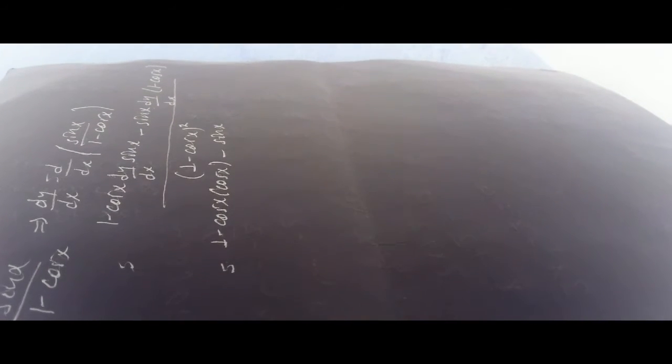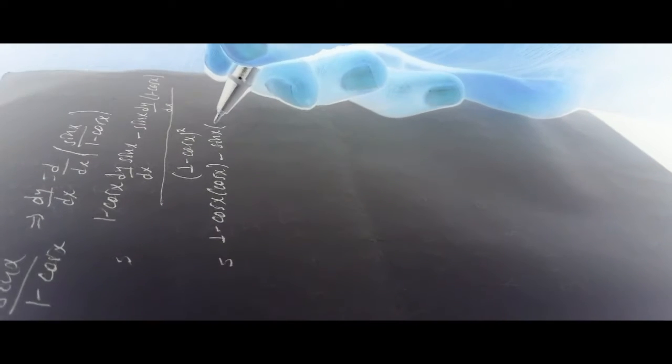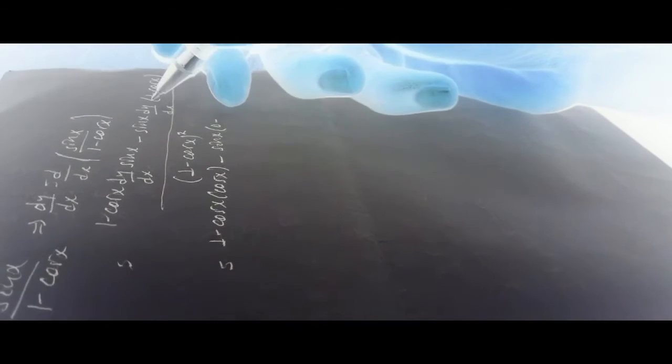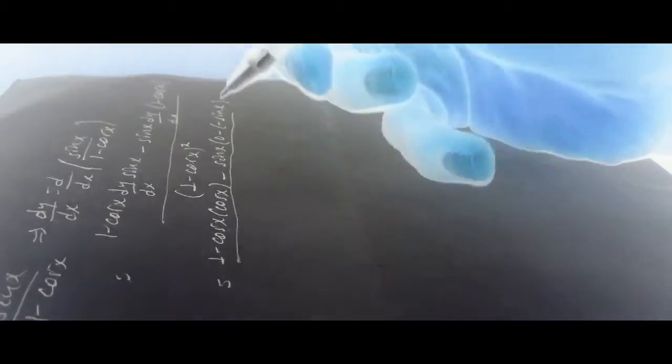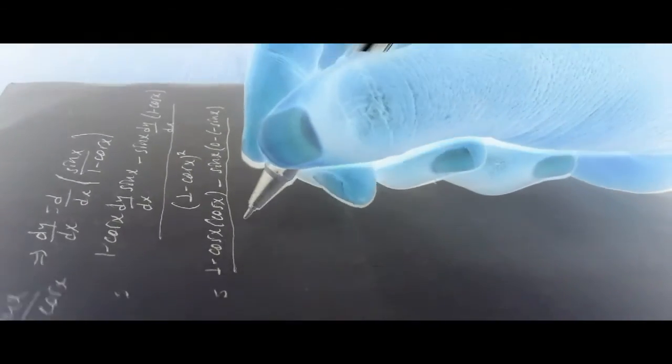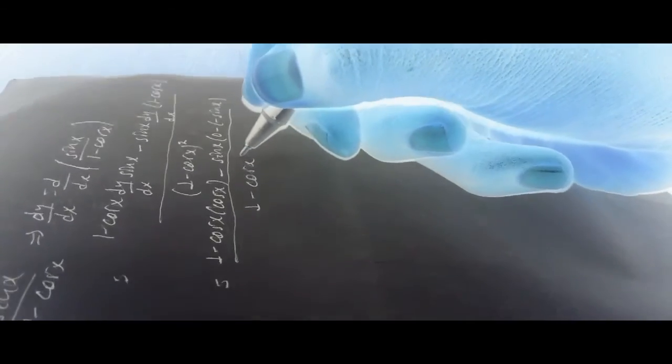Therefore, we get (1 minus cos x) times cos x minus sin x times (0 minus (minus sin x)) over (1 minus cos x) the whole square.